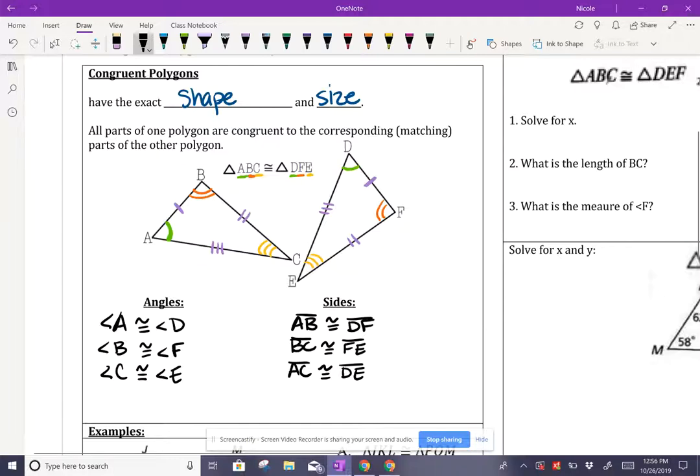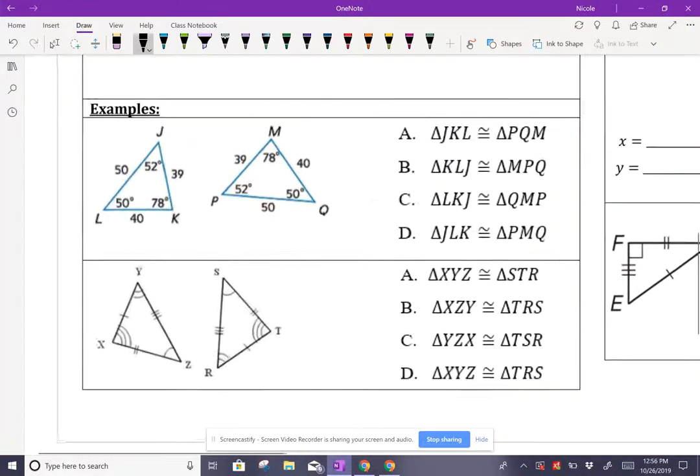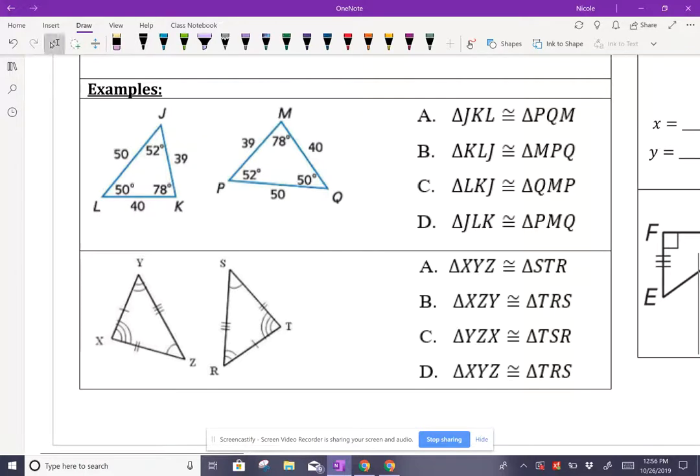So let's take a look at this with an example to see if this can really grasp the understanding. So we have two multiple choice questions here. So we're going to try to identify which statement of congruence is correct. So if I take a look at my triangles, and I like to use colors, y'all have seen this, y'all know this, and I'm going to go through and mark what pieces I know are congruent to each other. So if I start at angle J is 52 degrees.